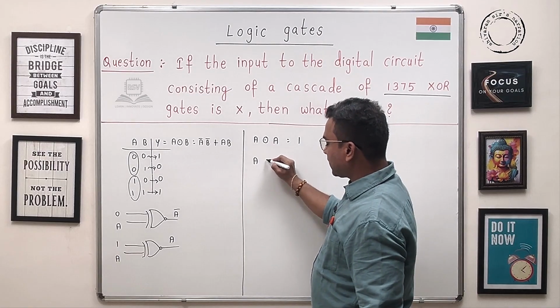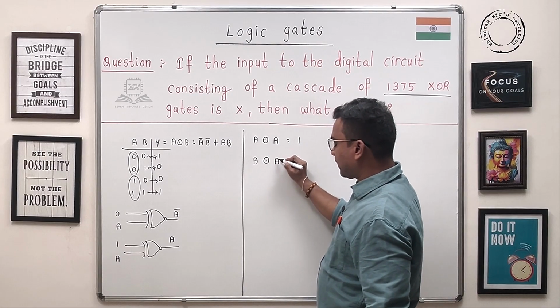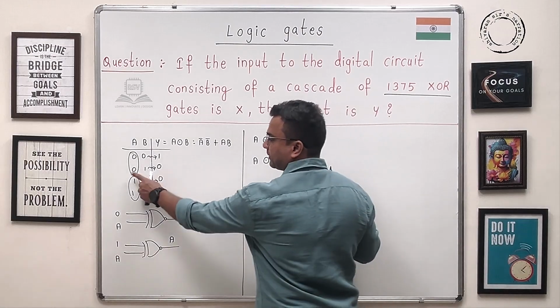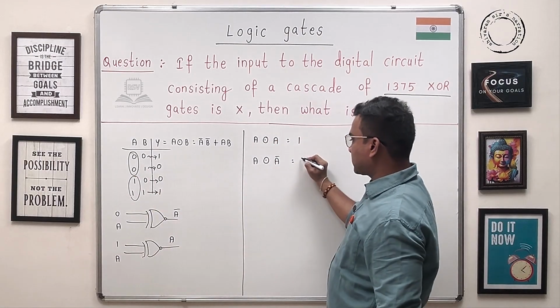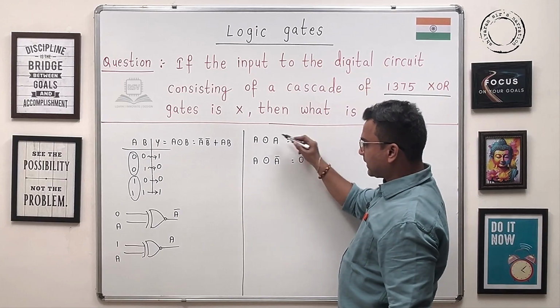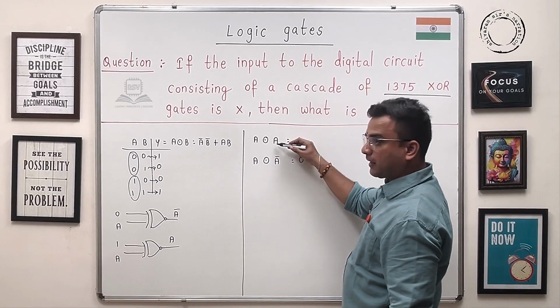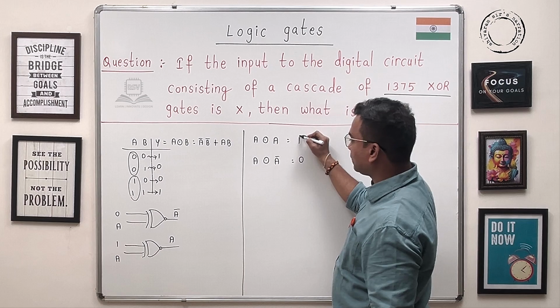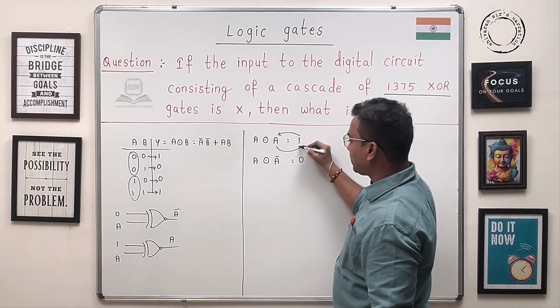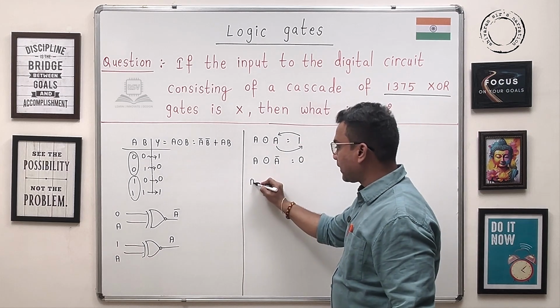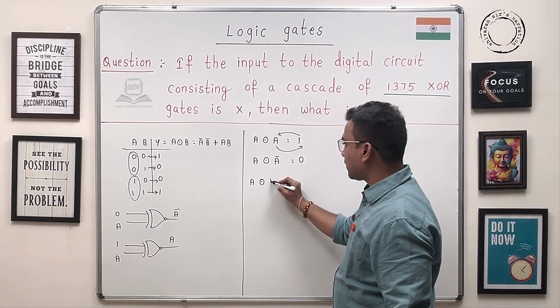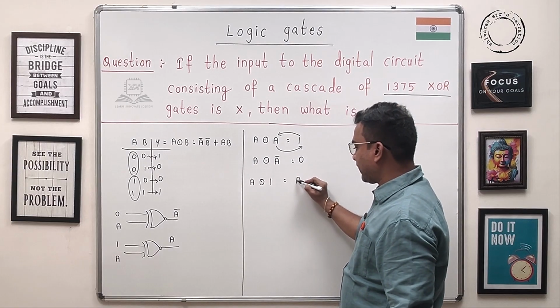And A XNOR A bar: when inputs are different, obviously 0. Now the same way you can take A XNOR 1, you will get A only. Therefore you can write one more, A XNOR 1 is equal to A only.